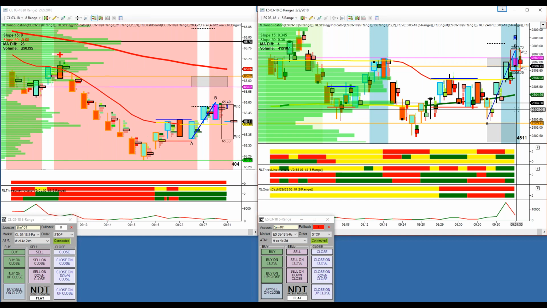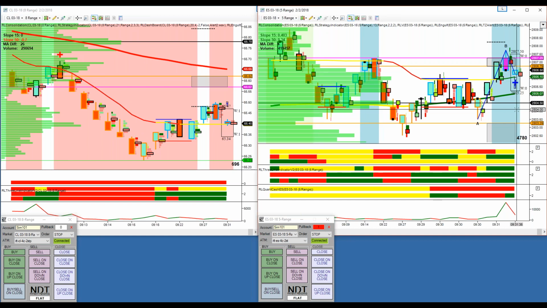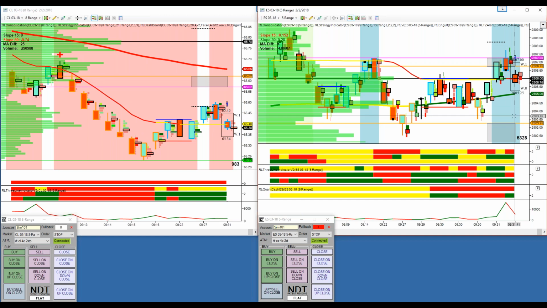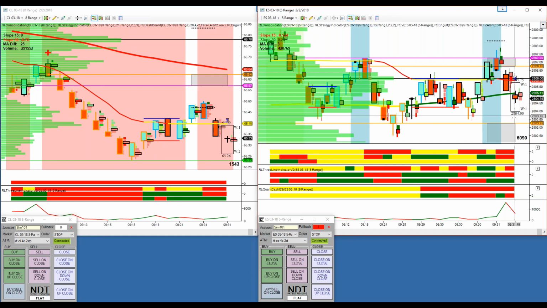No trade on crude. Now we have long bias on the E-mini and the 15's above the 50.